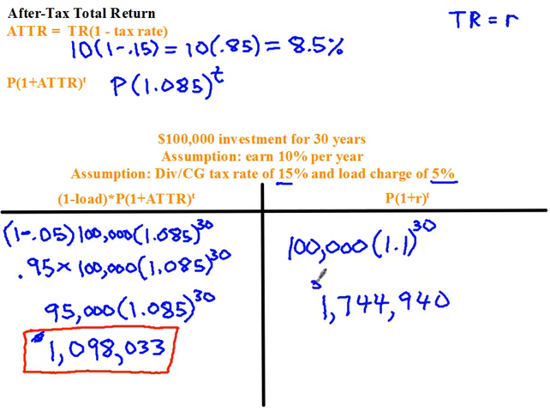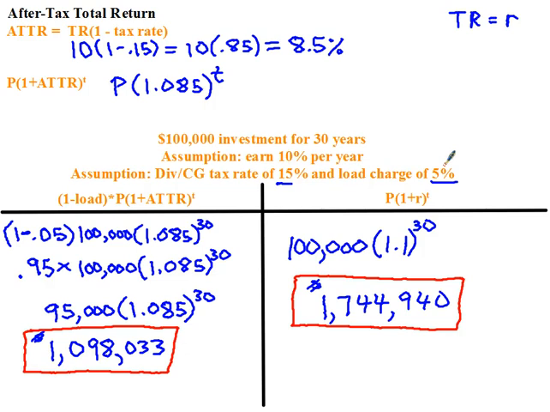So that's a lot more money, right? I end up with a lot more money at the end if I can avoid paying loads and I can avoid paying taxes. Okay, that's almost a $700,000 difference at the end in terms of the amount of money I have just from getting rid of the load and getting rid of the taxes.